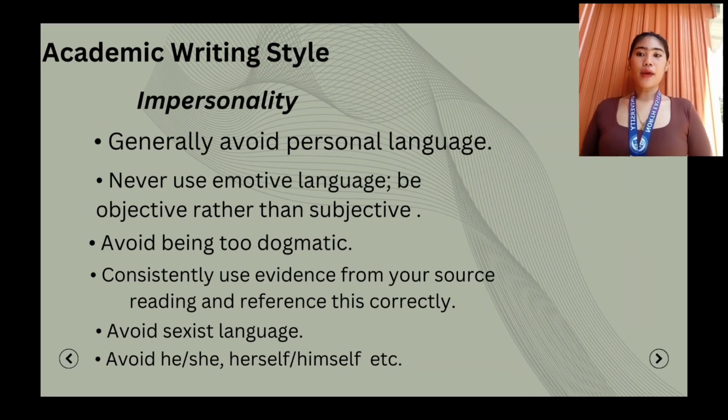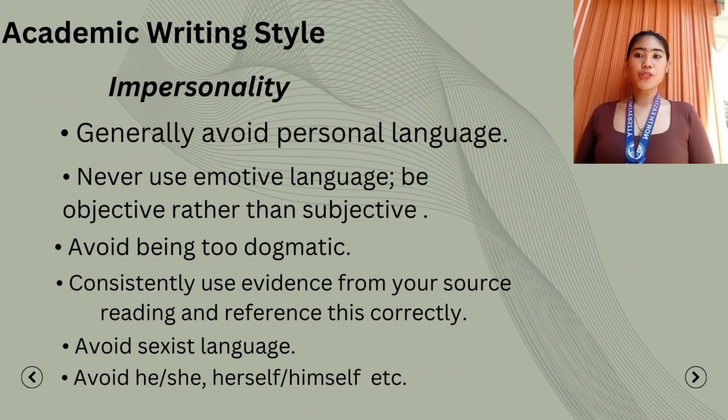Next is impersonality. Generally avoid personal language. Never use emotive language, be objective rather than subjective. Avoid being too dogmatic. Constantly use evidence from your source, reading, and reference dates correctly, and avoid sexist language. Avoid he, reasons himself.